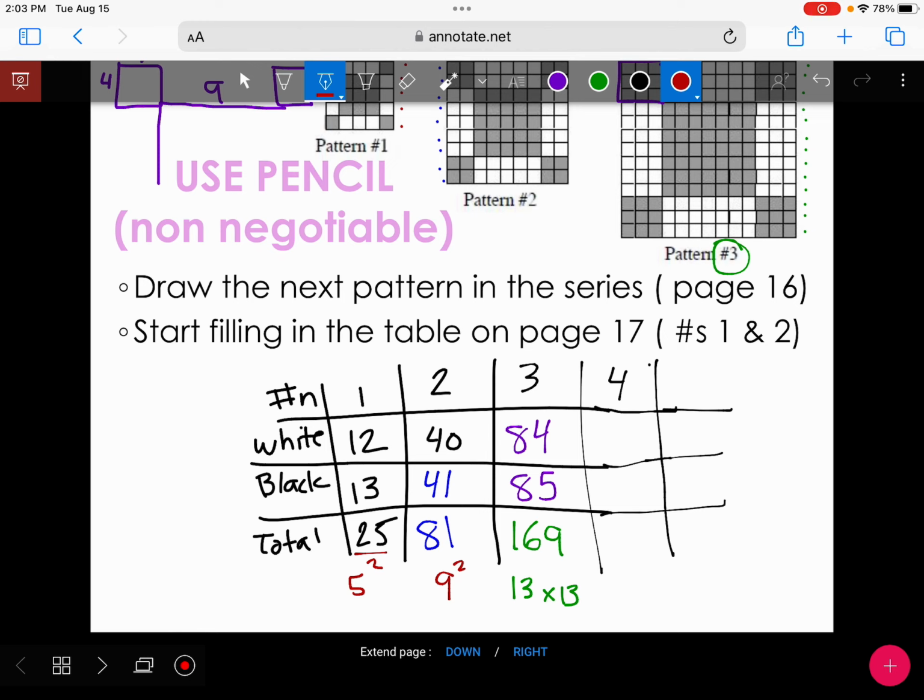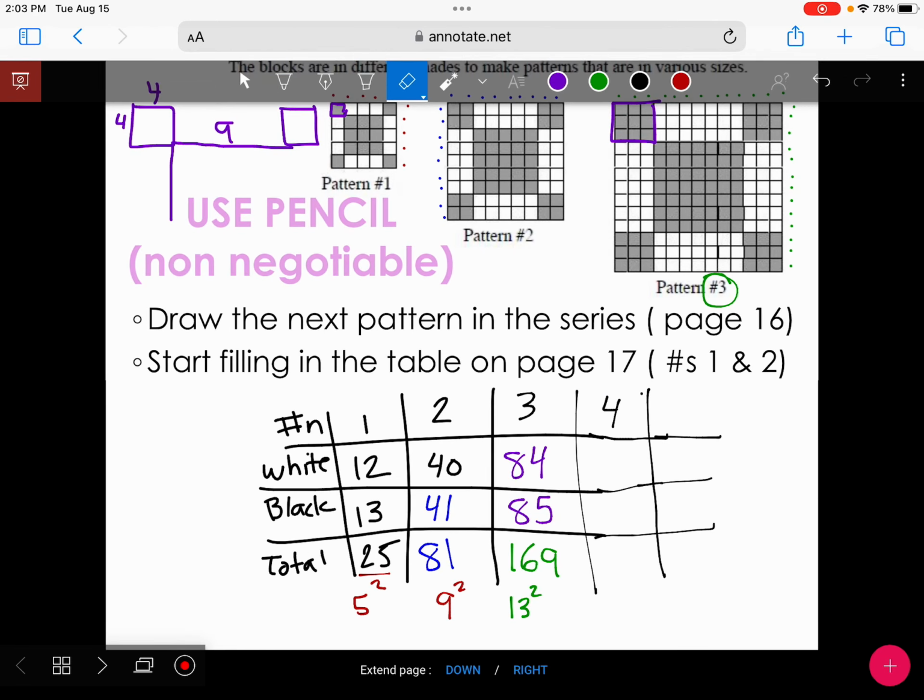I know someone said something, but remember I'm old and you gotta be louder. It's 13 squared. Count your pattern. Or we can look at our piece up here where we know it was 4, 9, and 4.